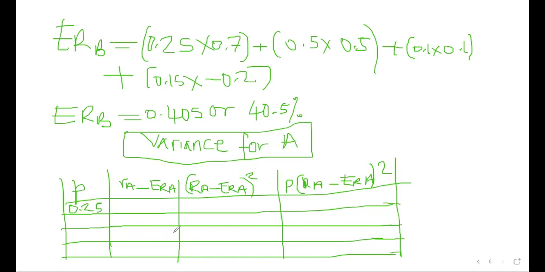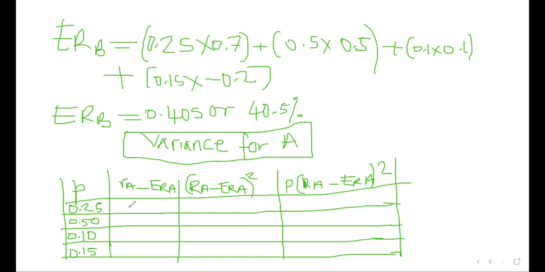The returns for A we had are 0.5, 0.4, 0.2, and negative 0.1, with probabilities 0.25, 0.5, 0.1, and 0.15.